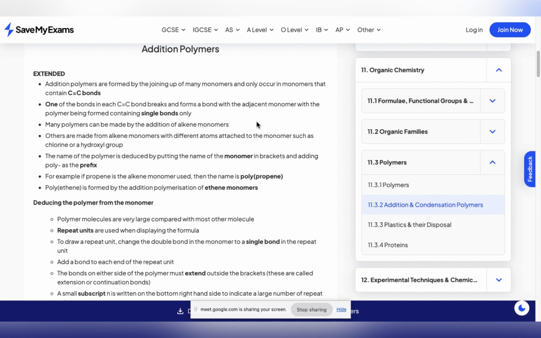One of the bonds in each carbon to carbon double bond breaks and forms a bond with adjacent monomers, so the polymer formed contains single bonds only. So we've explained all these characteristics. We usually use ethene, which is from the alkene family, to carry out this type of polymerization.